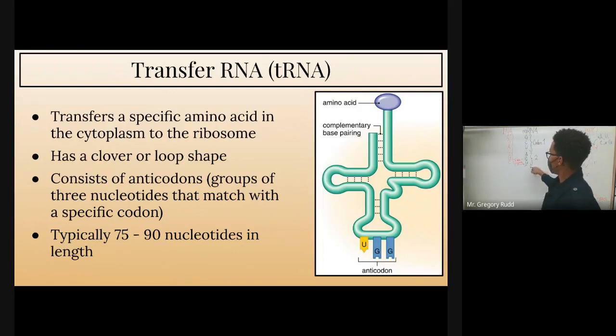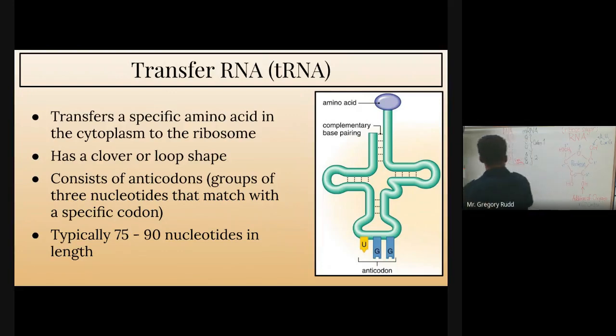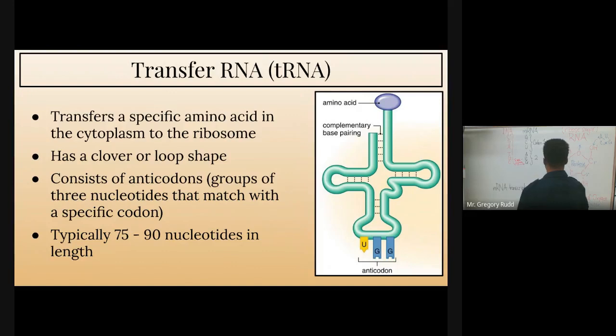So we've got a transcript of mRNA here. And it is G, C, U, A, C, G. Okay, so we've got an mRNA transcript.